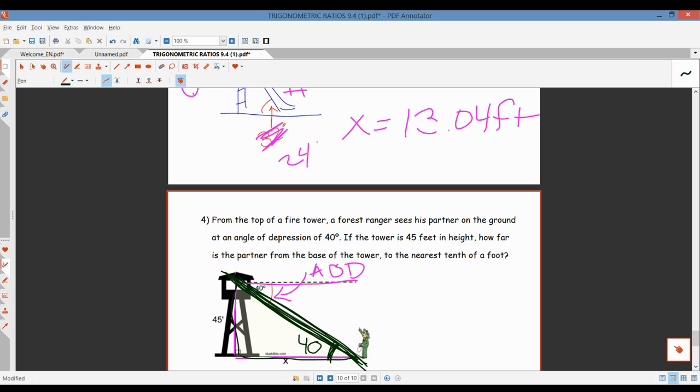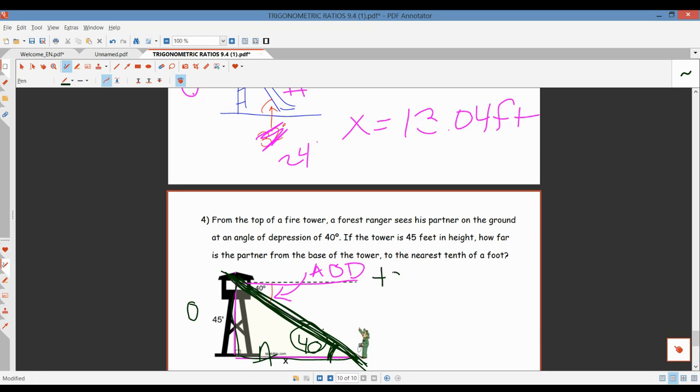So I've used that piece that we talked about in the beginning, that our angle of depression is congruent to our angle of elevation. So now I can say that this is based on this angle here. This is my opposite side, and this is my adjacent side. Based on SOHCAHTOA, we're going to be using tan.